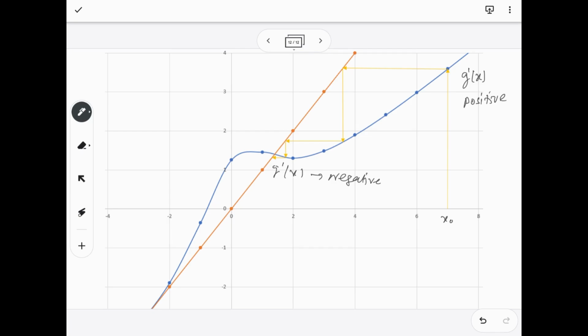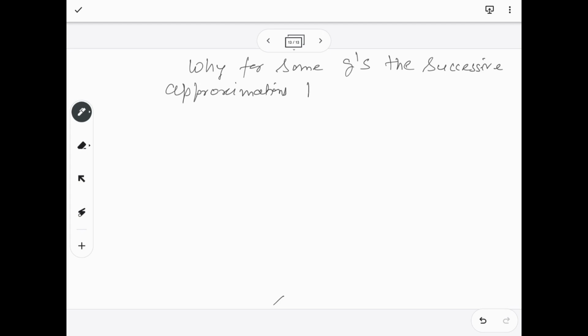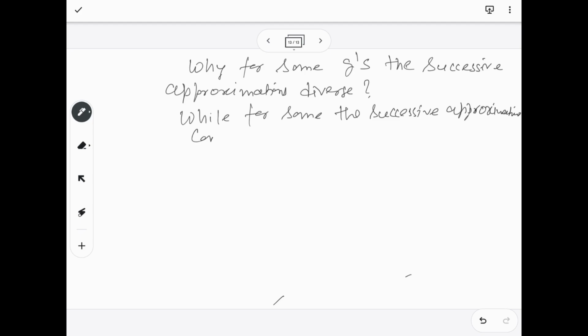Now, why for some G's the successive approximations diverge, while for some the successive approximations converge?